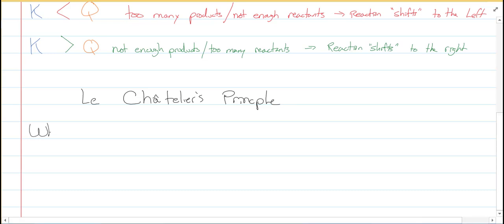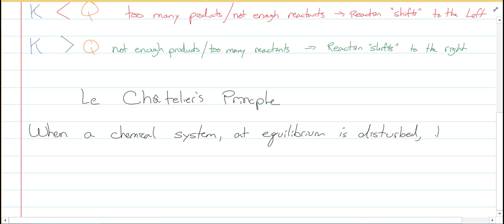When a chemical system at equilibrium is disturbed, the system shifts in a direction that minimizes the disturbance.